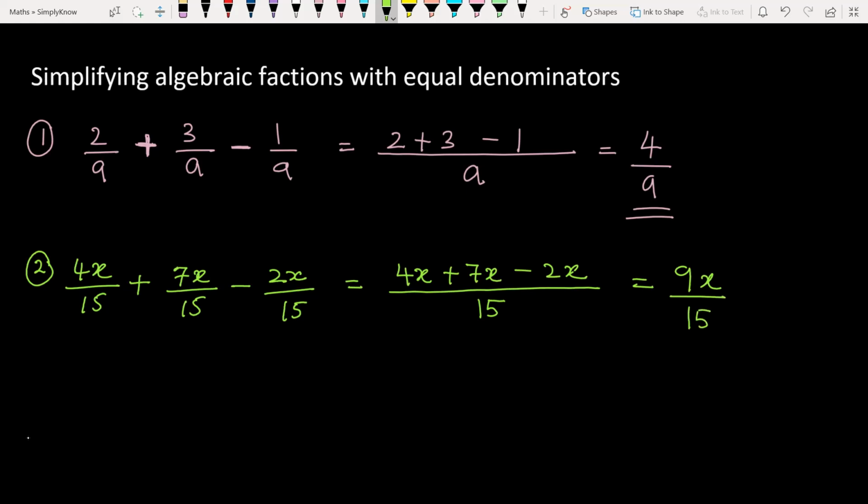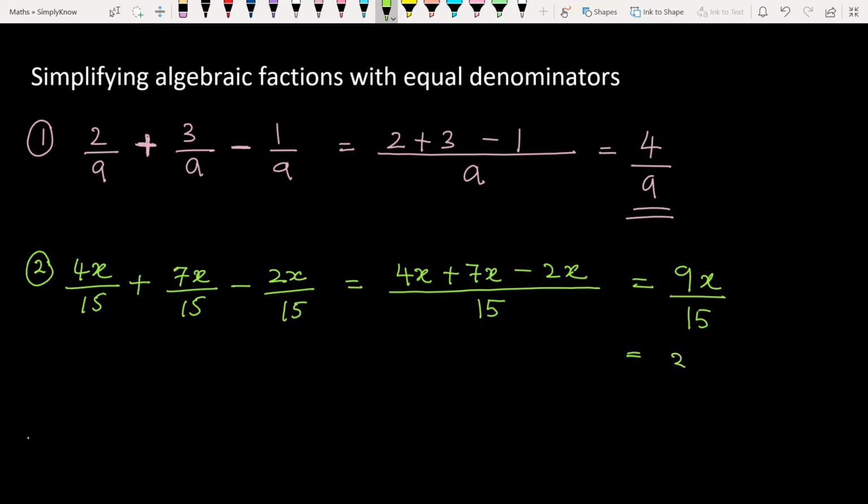Is this our final answer? No. We need to keep our answer in its simplest form. So how can we simplify this? What is the highest number that we can divide both numerator and denominator? It's 3, because the highest common factor for 9x and 15 is 3. So let's divide 9x by 3.